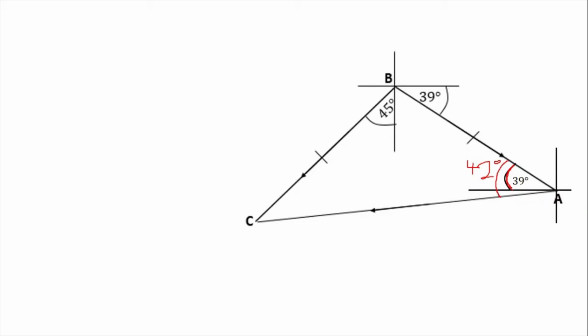Now, what will be this small angle here? It's going to be 42 degrees minus 39 degrees, and that is going to give us 3 degrees. So it means that the small angle here is 3 degrees, because the whole thing is 42 degrees, and we have found this side here as 39 degrees.